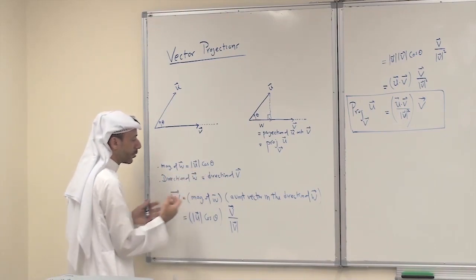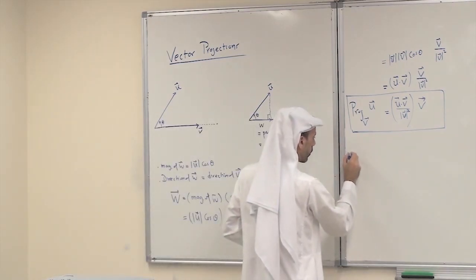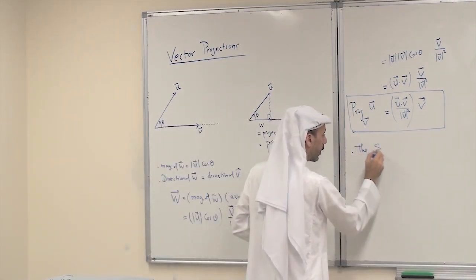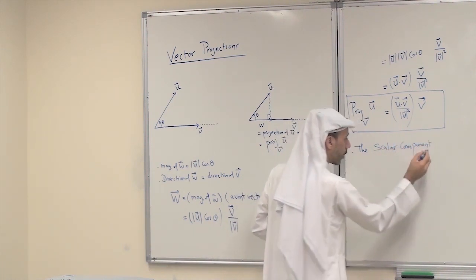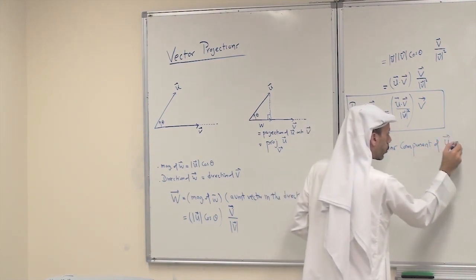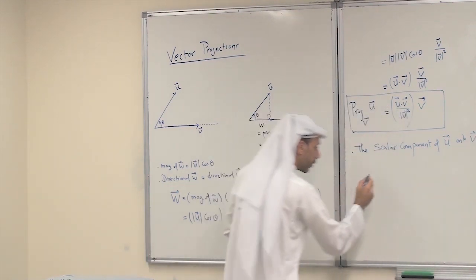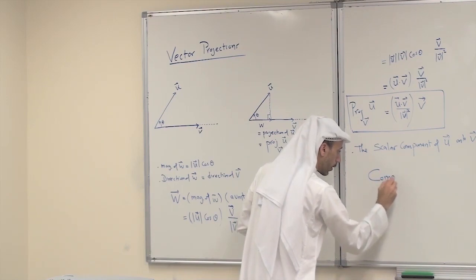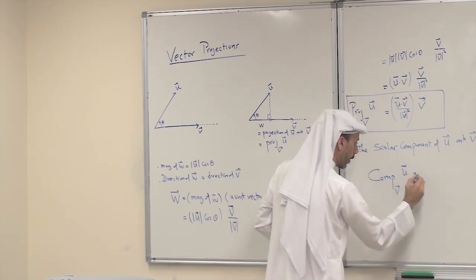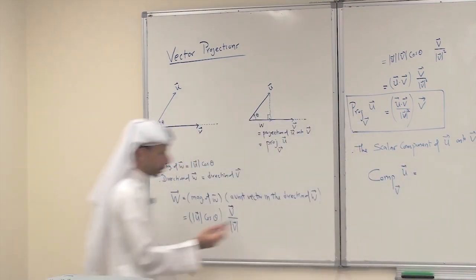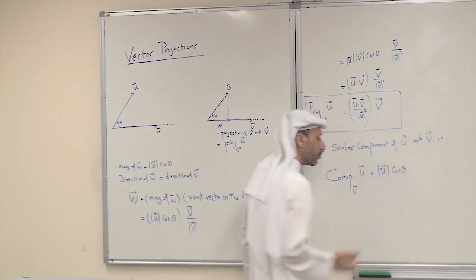This quantity, in general, is called the component of U onto V. So here we have another quantity, the scalar component of U onto V, with the notation comp for component, comp of U on V, and it equals the magnitude of U cosine theta.